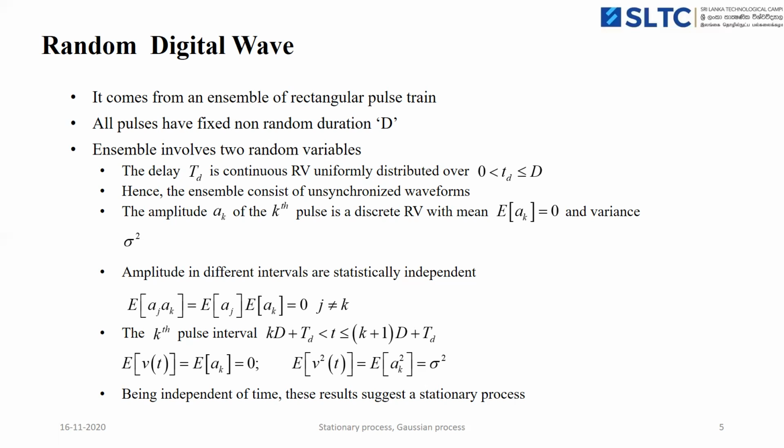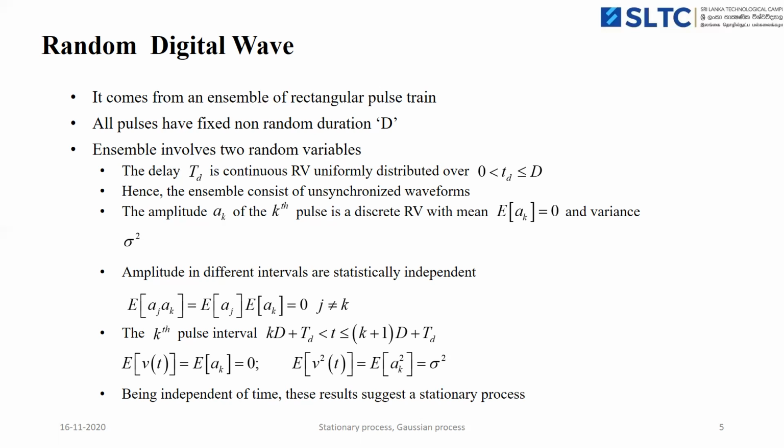So it is a cross correlation of these two pulse amplitudes. Because both are statistically independent, it is equal to the product of the expectations of the individual amplitudes, that is, expectation of A_j times expectation of A_k, which is equal to 0.